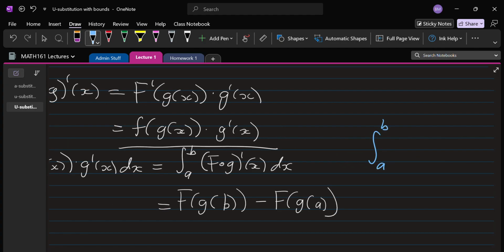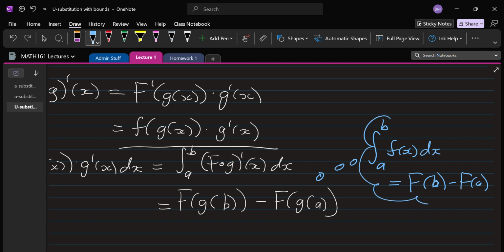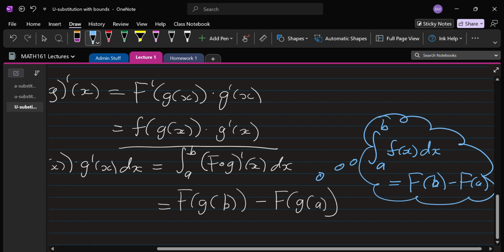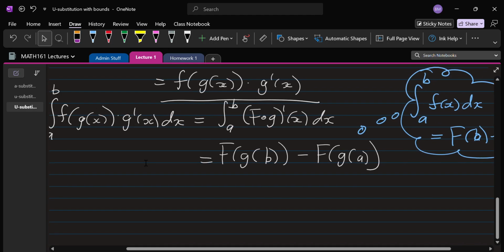That's just from your FTC. Just on the side, if you've forgotten, the integral from a to b of f of x dx was F at b minus F at a. So we just use that.